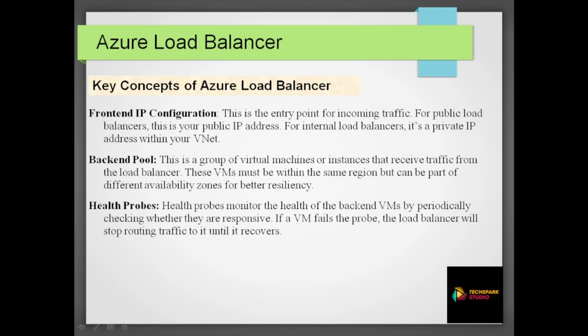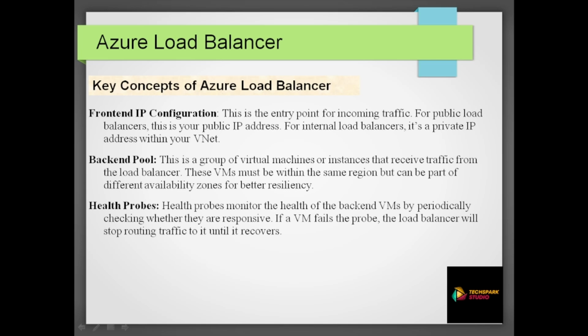Now, third is health probes. Health probes are used to monitor the status of the backend VMs. Let's say if a health probe fails, then the load balancer will stop sending traffic to the particular VM. It will make sure that the traffic goes to healthy VMs.